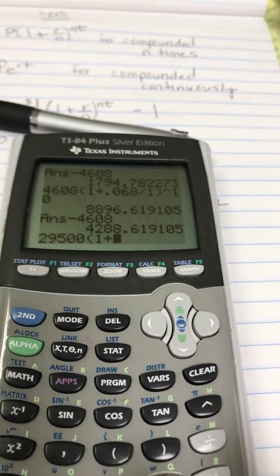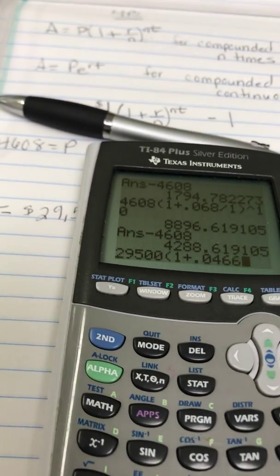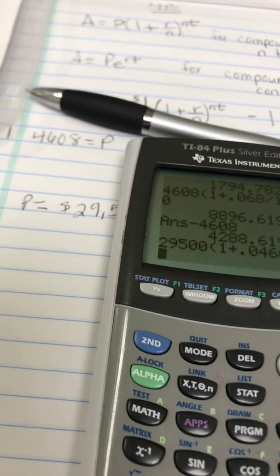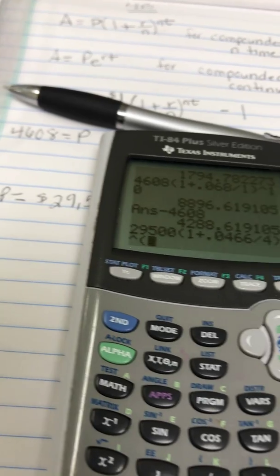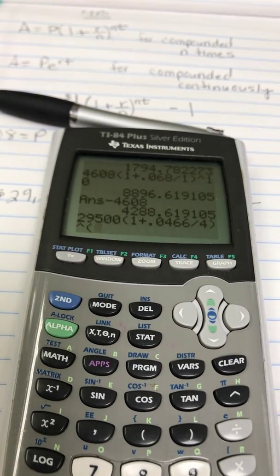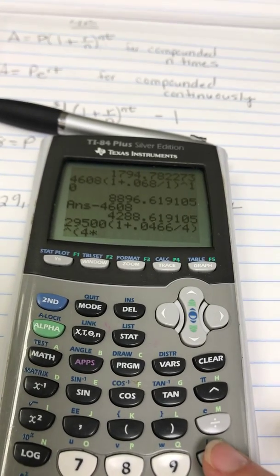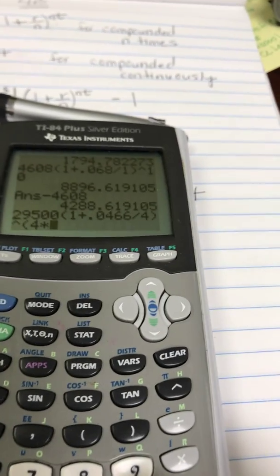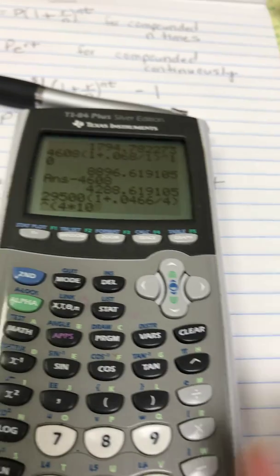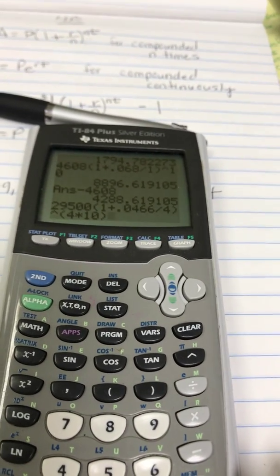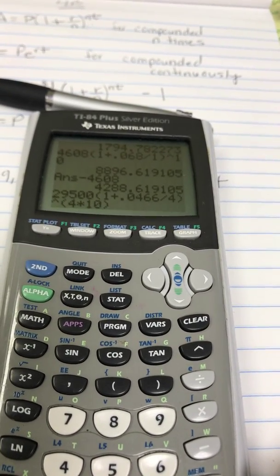And that interest rate was 0.0466 quarterly, so that's why I'm dividing by 4, and then I'm raising to, notice how I have to use parentheses here, so be real careful about that, 4 times however many years, and this year was 10 years. So some of your newer calculators, you can see the 4 times 10 is in the exponent.